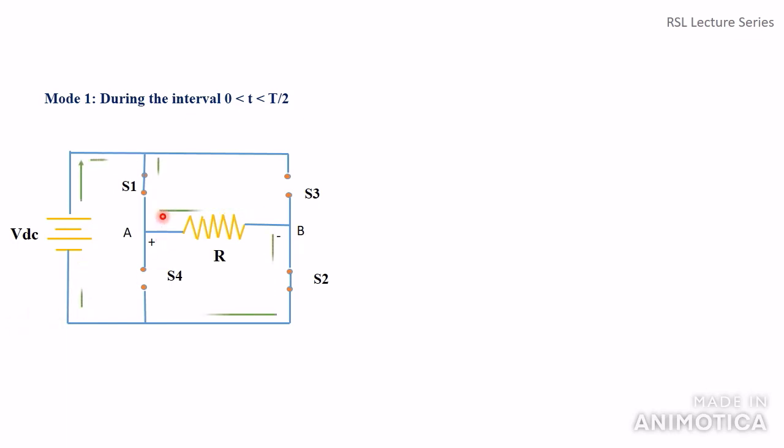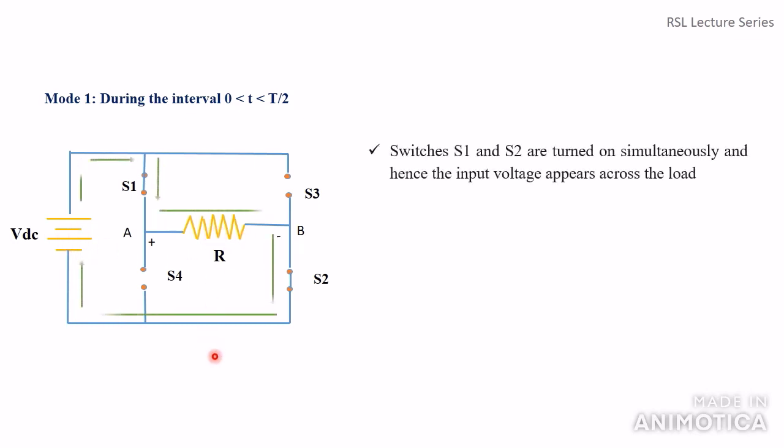If you see here, through the load it flows from A to B. Now the terminal A of the load is directly connected through switch S1 to the positive terminal of the supply voltage, and similarly terminal B is directly connected through S2 to the negative terminal of the supply voltage. So the supply voltage will appear across the load.